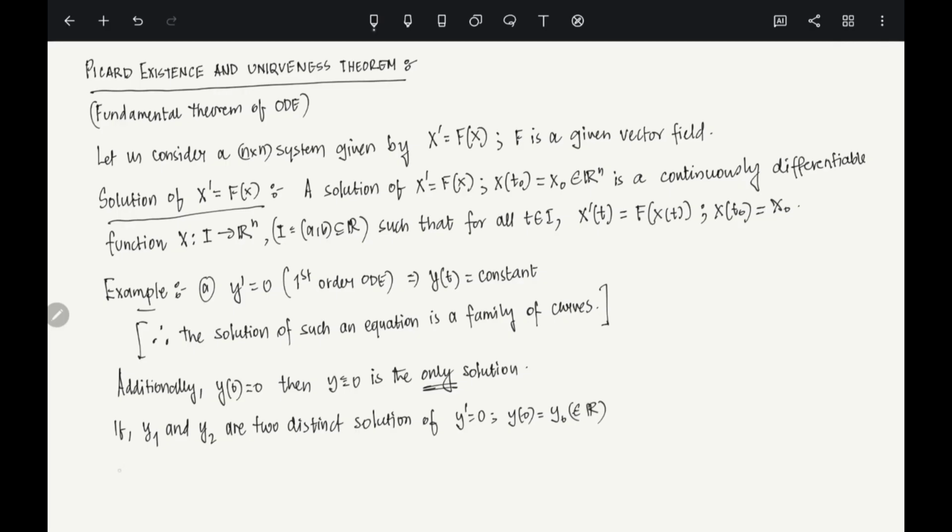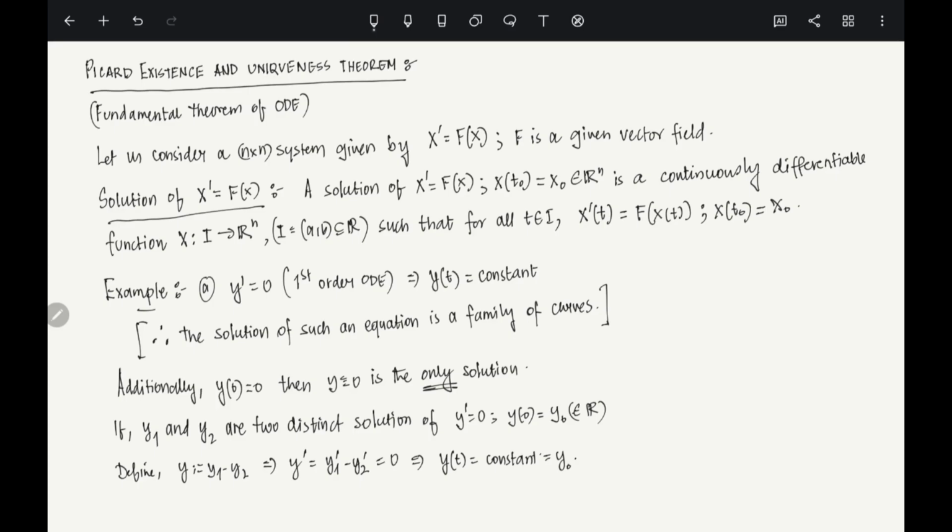If there are two distinct solutions, then it is very trivial: if one defines y to be y1 minus y2, then that implies y prime is y1 prime minus y2 prime, which is again 0. Clear? And that will imply that y of t is constant, and that constant has to be y0.